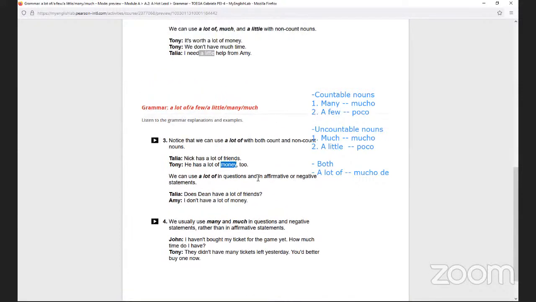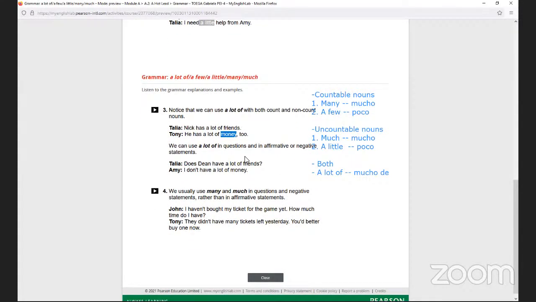So I don't know if you have some question about this, Gabby. No, it's clear. Perfect. Just in case, I will send you a document. It's a Word file where you are gonna see some categories of countable and non-countable nouns, okay?